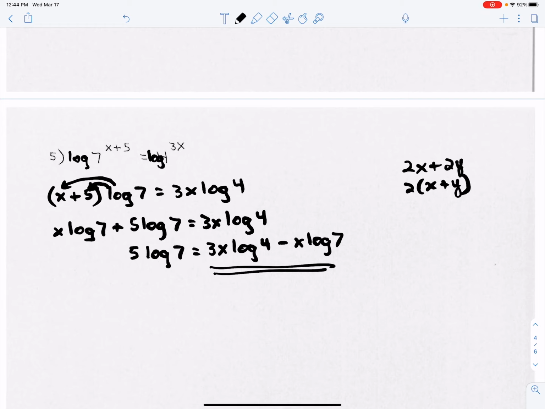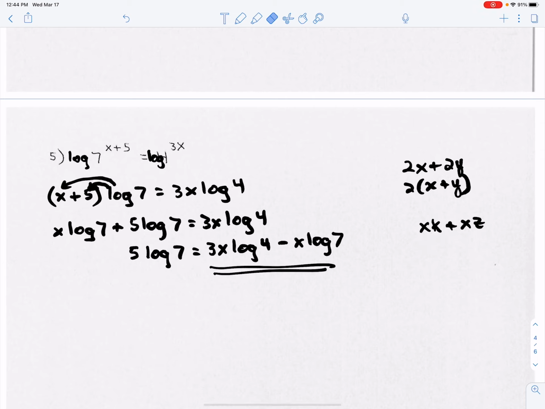Okay, how about if I had this? xk plus xz. How could I rewrite that with only a single x? I can factor out an x.